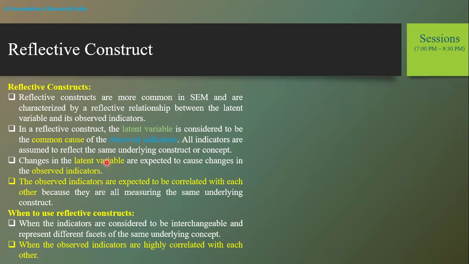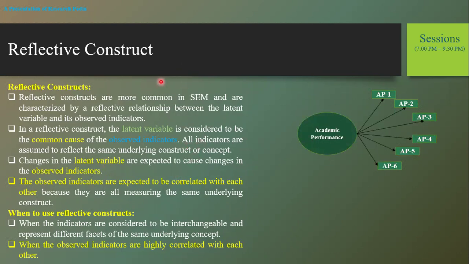If the correlation between indicators is high, it means you need to use the reflective constructs. So you need to understand through the diagram how we can assess whether it is reflective or not. In this construct, like academic performance, you can see the direction of the arrow towards the indicators.